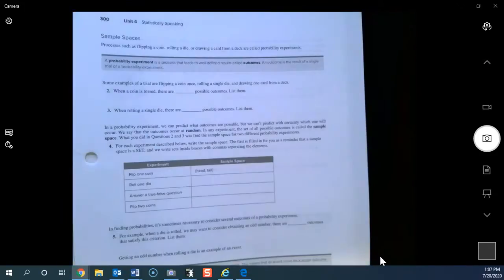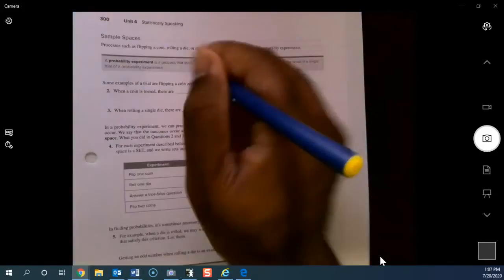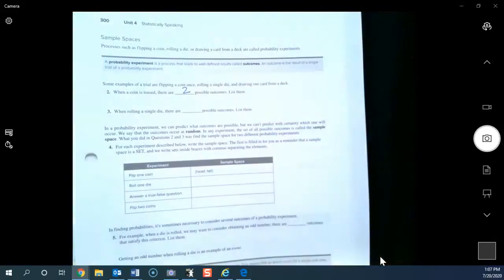A probability experiment is a process that leads to well-defined results called outcomes. An outcome is the result of a single trial of a probability experiment. Some examples of a trial are flipping a coin once, rolling a single die, and drawing one card from a deck. When a coin is tossed, there are two possible outcomes, heads or tails.